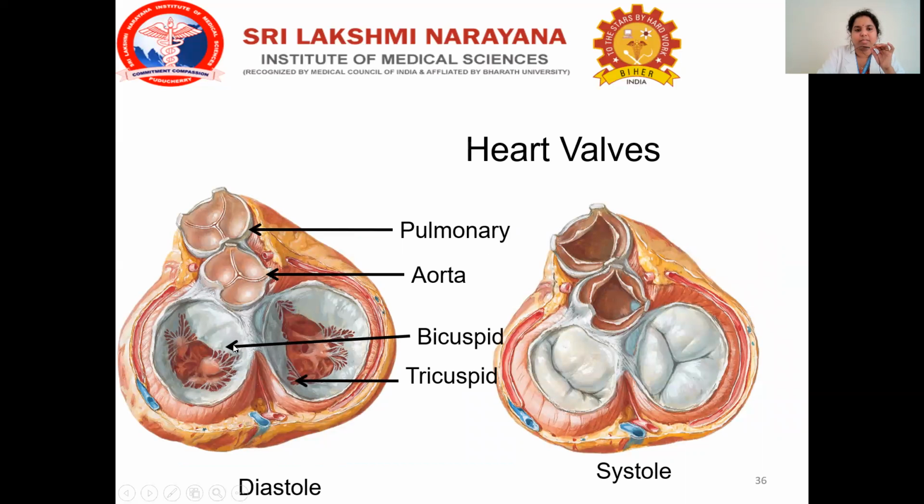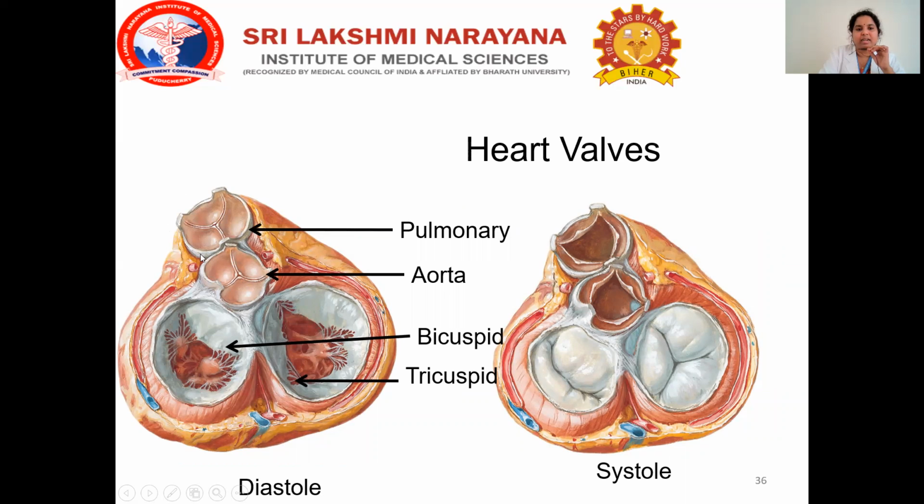Heart valves. This image shows the base of the heart, formed by the left atrium and right atrium, after removal of the great vessels. We can see the great valves are placed at an exactly vertical position.